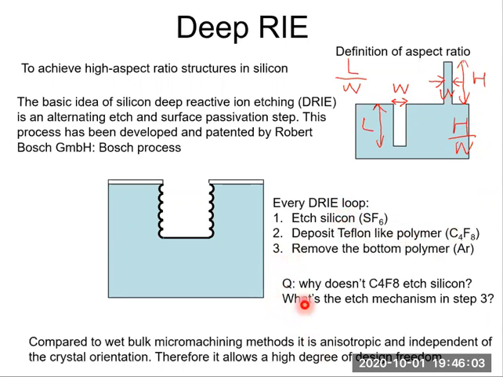Another question. What's the etch mechanism in step 3? We remove the bottom polymer layer using argon, argon plasma actually. What's the etch mechanism? Is it plasma etching, reactive ion etching, or sputtering?